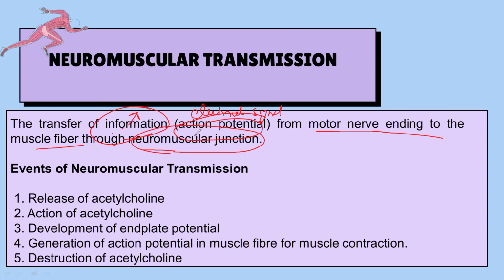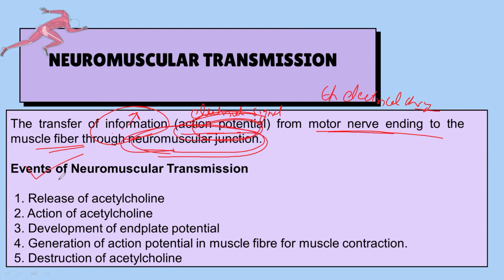So basically action potential is any electrical change across the membrane, and it is transferred from motor nerve ending to the muscle fiber through this neuromuscular junction.